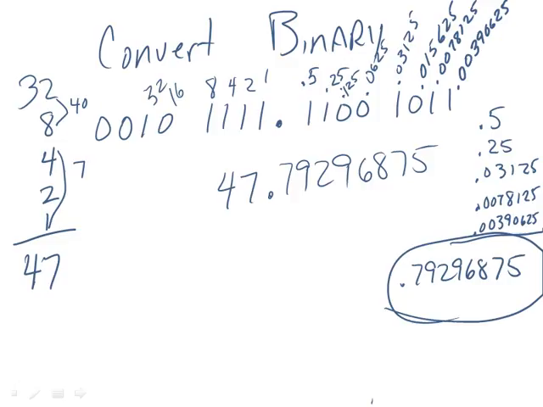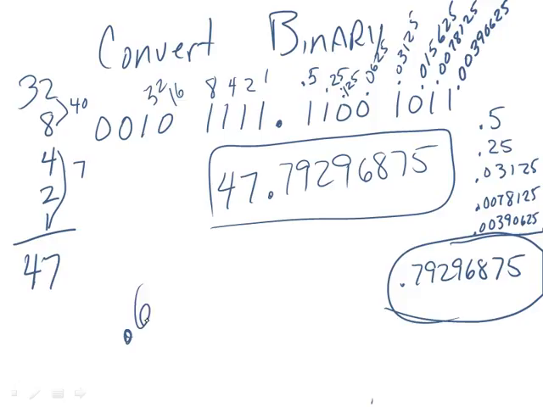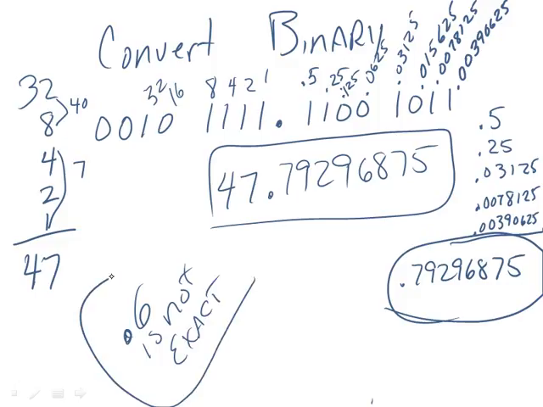But if it's just 0.001, I'm okay. All right, so questions on this? All right, 0.6 is not exact. I'm going to put that on there too, just so you have it.